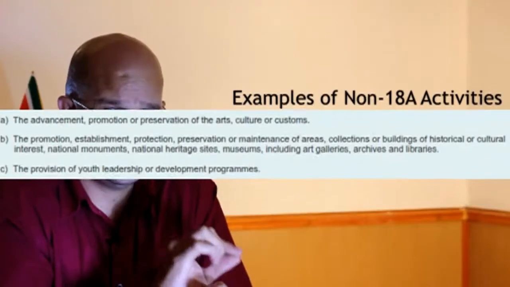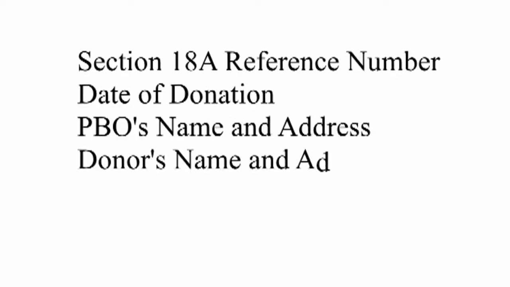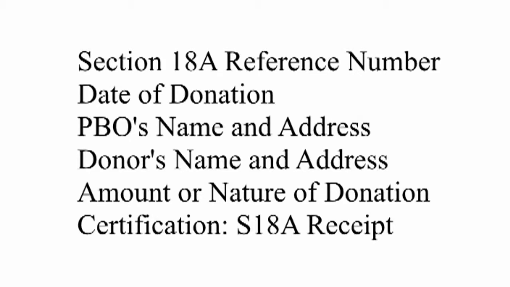So only the ones that are in bold will qualify for Section 18A status. And what will happen is that the donor gives the donation to the organization, the organization issues a receipt to the donor, and the receipt must reflect the following requirements.